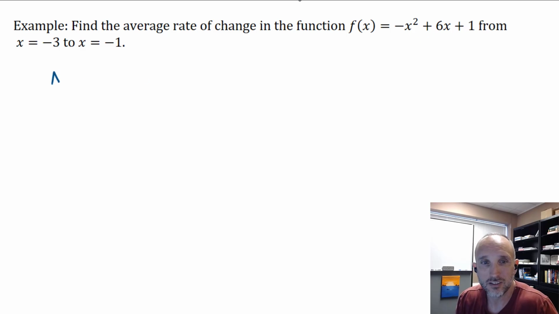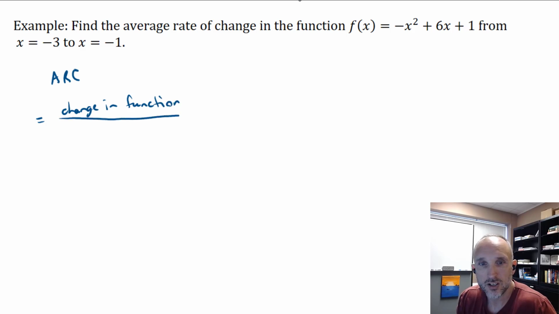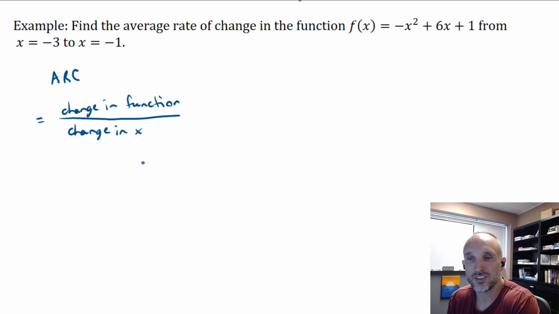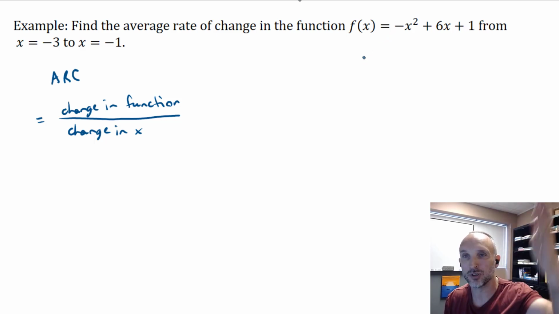So we're looking for the change in the function on top per the change in x. And so the idea here, again, is the change in the function is a change in a y value, because the function value is an output, a y value.